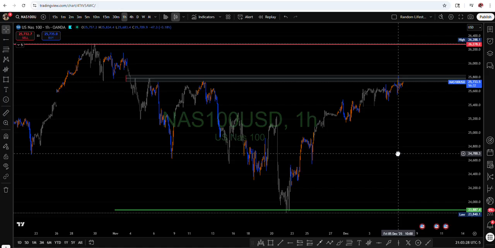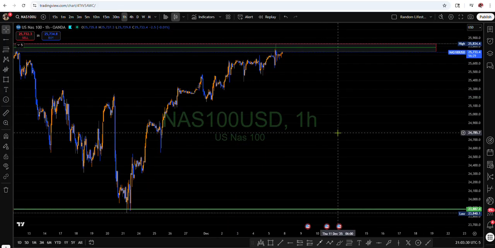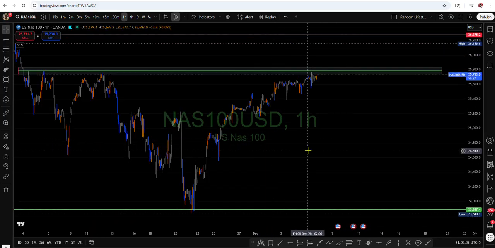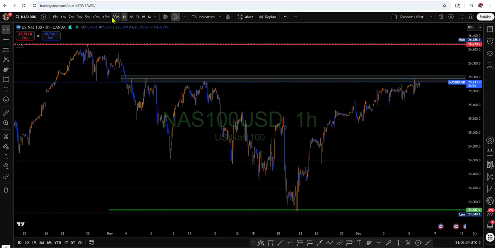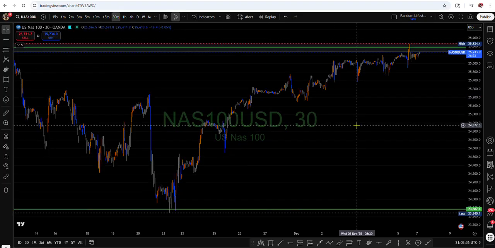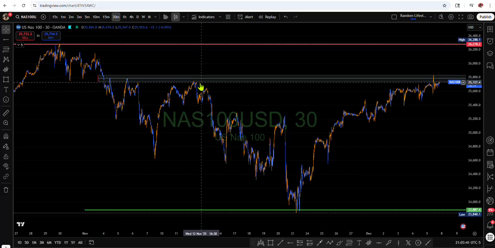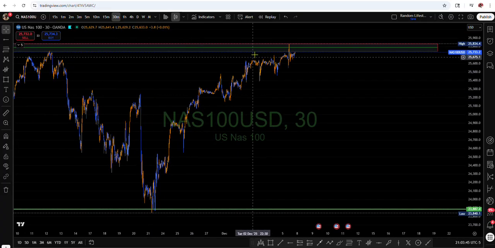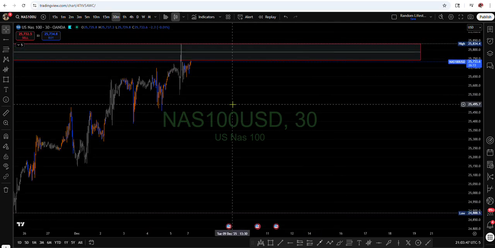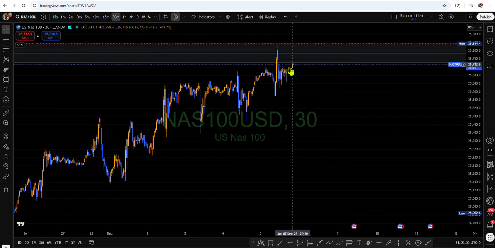So I keep these on here so that I can know exactly what I'm looking at when I go down to my lower time frame. But as you can see, the market was bouncing off of here like one, two, three, four, five, and then they're still making their way up.